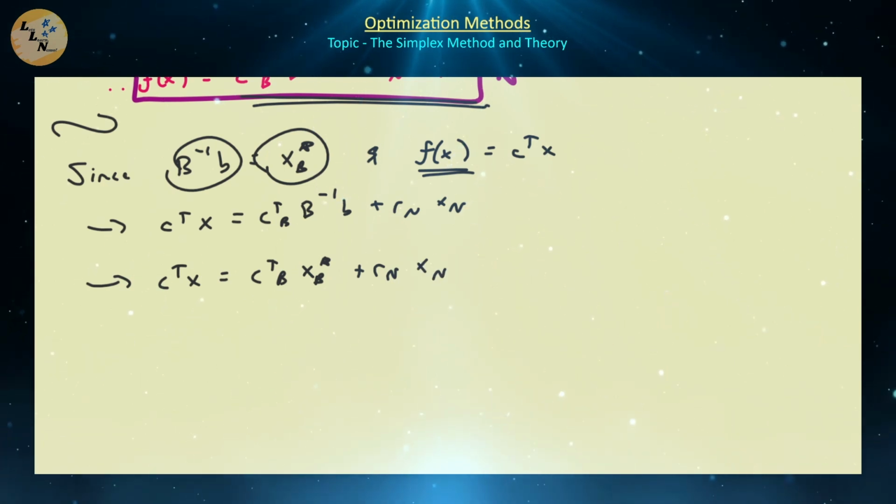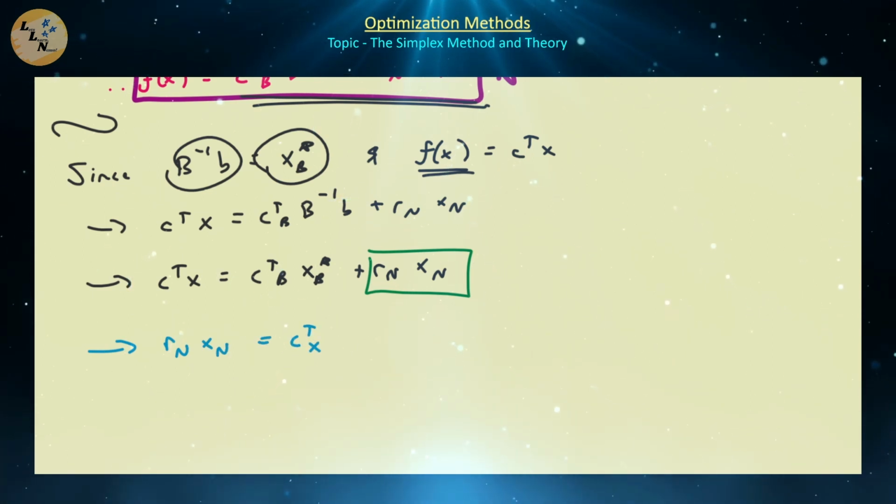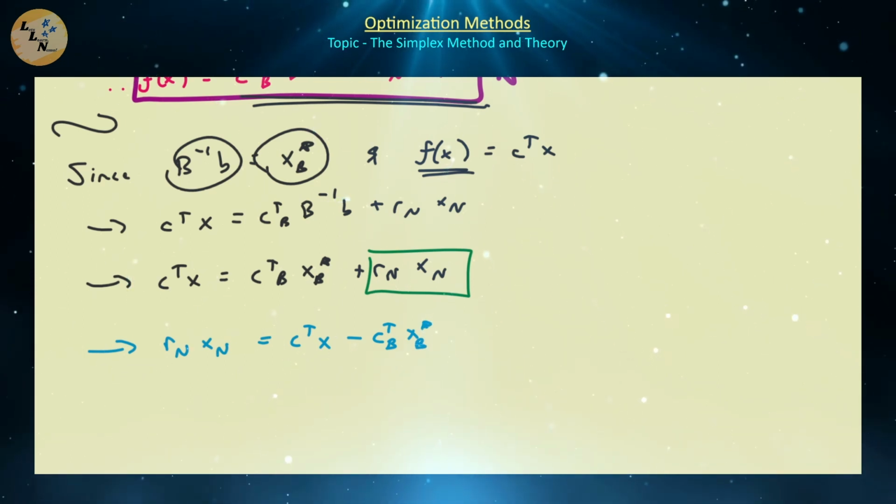So we can solve this equation for rN xN, and we have the expression that rN xN is going to be equal to c transpose x, that's multiplied, not subscript, so c transpose x, minus cB transpose times xB star. So what do we know about xN?